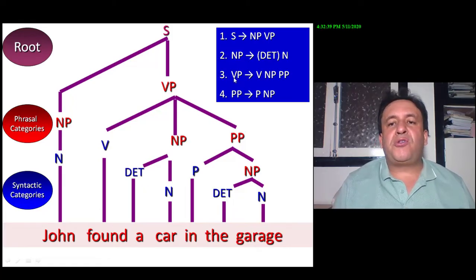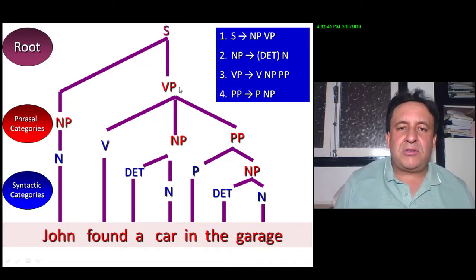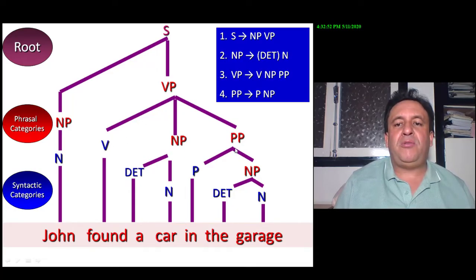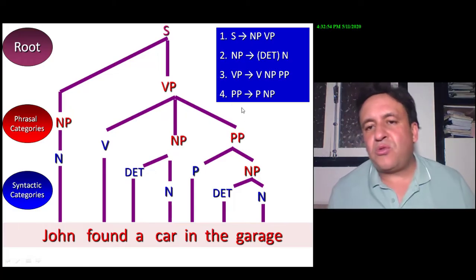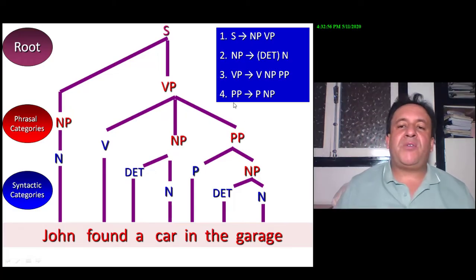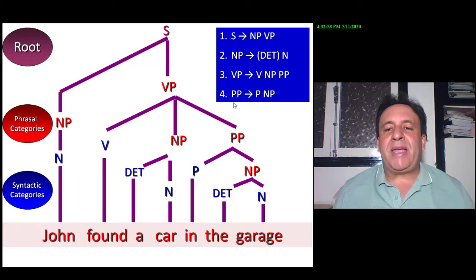The third rule is VP rewrites as V NP PP. This rule accounts for this tree in here. The VP consists of a verb followed by an NP followed by a PP. And the last rule reads PP rewrites as P NP. So look at the PP that we have here.